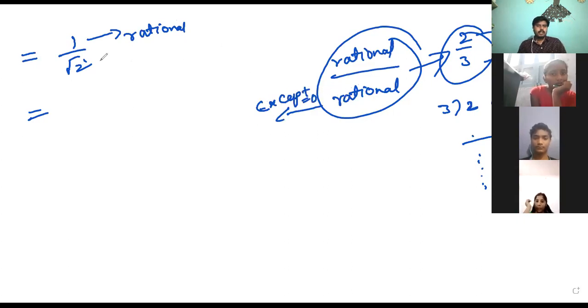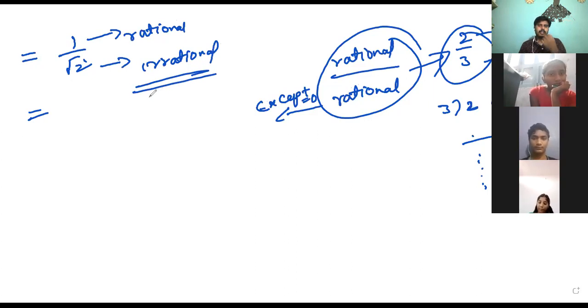And the denominator is irrational, right? So when the numerator is rational and the denominator is irrational, we cannot perform the division easily. It is a little bit tough. Root 2 value is 1.414 and so on. It is a non-terminating, non-recurring decimal. So we cannot find that.